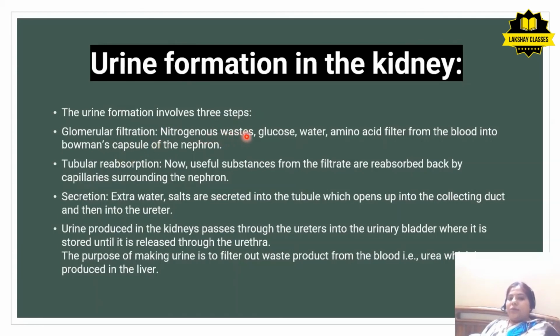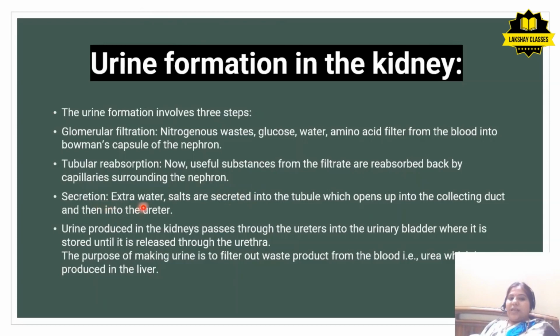Here the nitrogenous waste, glucose, water, amino acids filter from the blood into the Bowman's capsule of the nephron. Then there is selective reabsorption or tubular reabsorption in Henle's loop, where the useful substances from the filtrate are reabsorbed back by the capillaries surrounding the nephron.